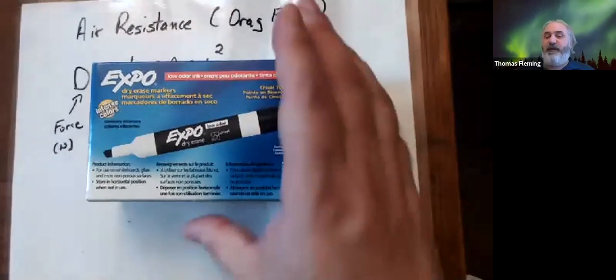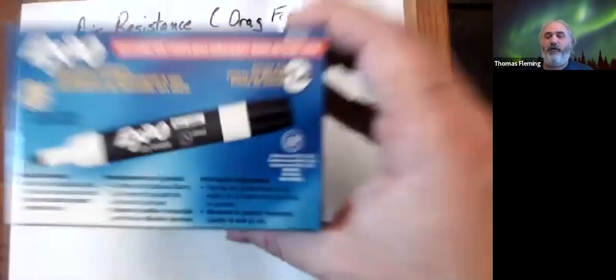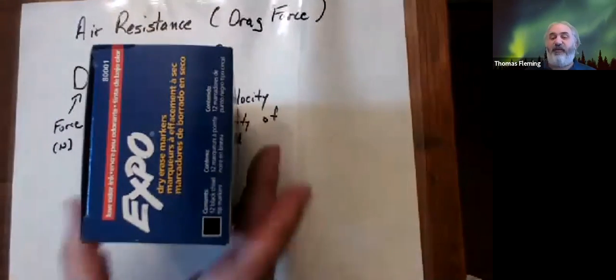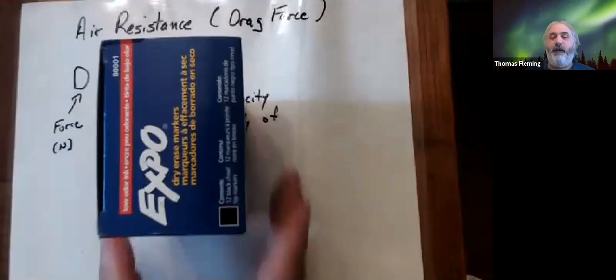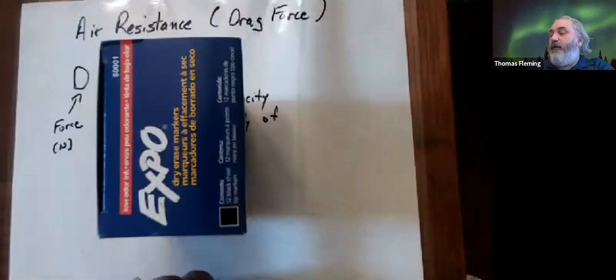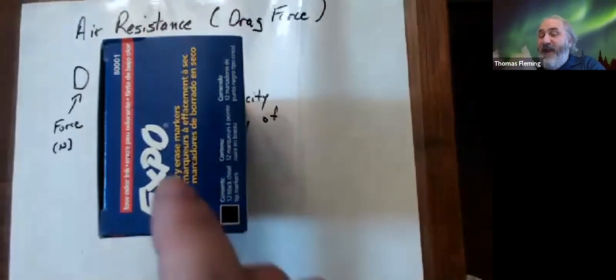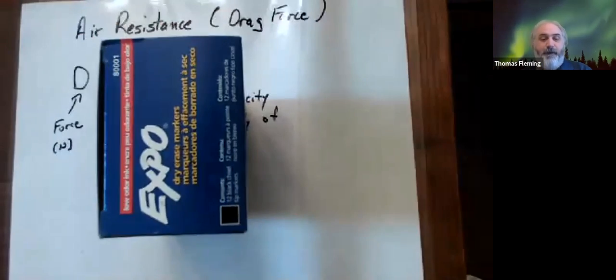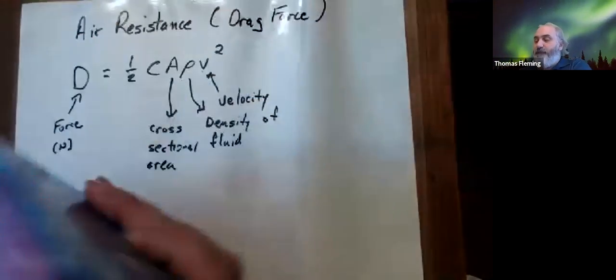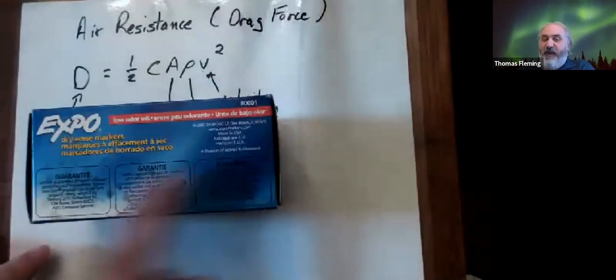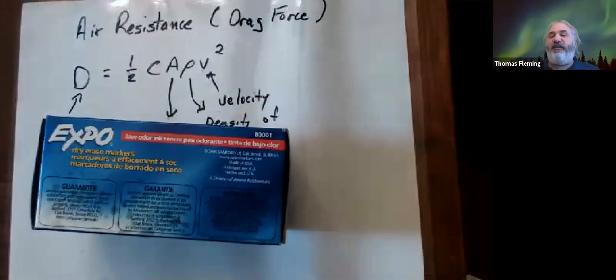But what if instead I rotate it like this and move it like that? Now there's only this much air that has to get out of the way. There's less air it has to push out of the way. So the area that the air sees is this area. If I move it this way, it'll see this area. So it's the area that the air is facing as you move.